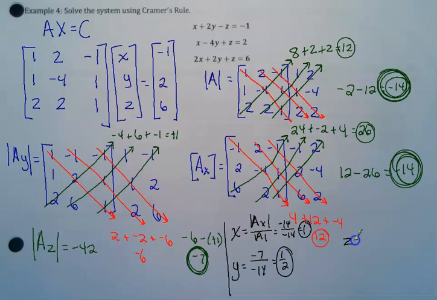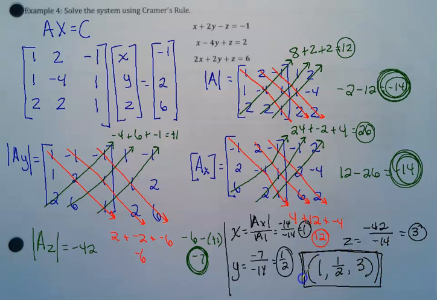And z is going to equal the determinant of a sub z, negative 42, divided by the determinant of a, which is negative 14. So negative 42 divided by negative 14 is 3. So the solution to this set is x equals 1, y equals 1/2, z equals 3. That is the solution to this system.